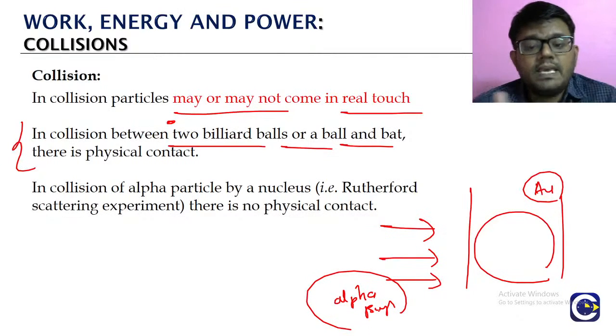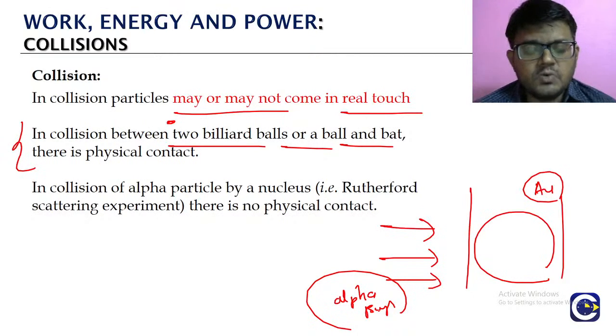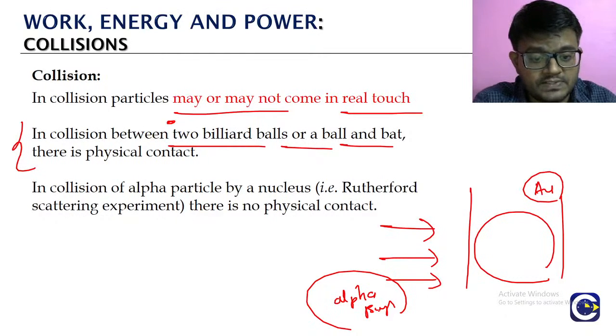He made the observations that most of the alpha rays go undeviated, a small amount of them deviate by a small angle, and even a minute fraction of them bounce back.